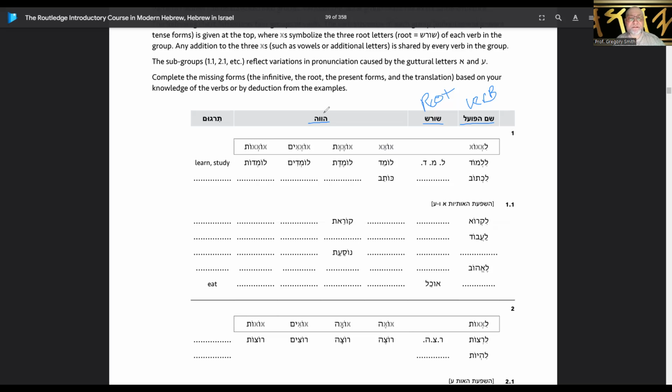Okay, so the present, this is the present time. Present tense. And then tirgum. Okay, this has to do with the translation.